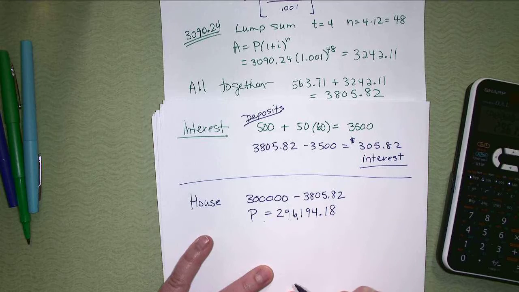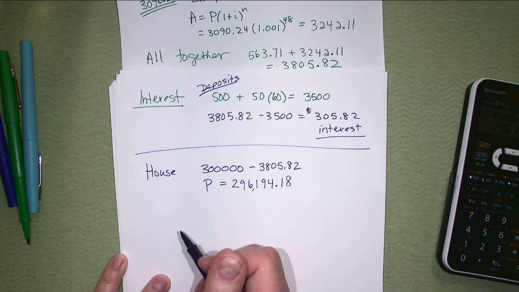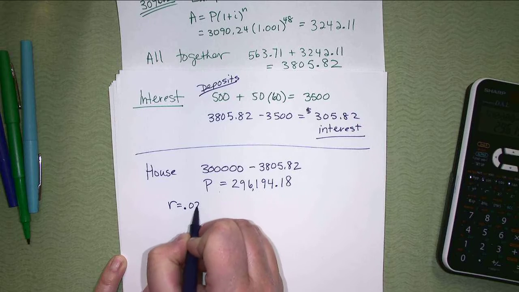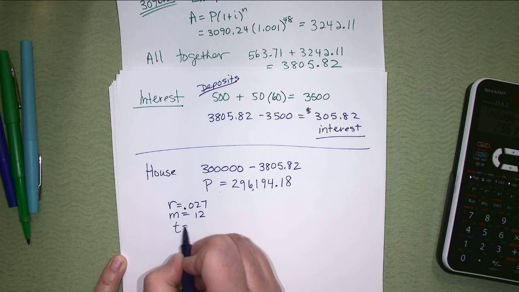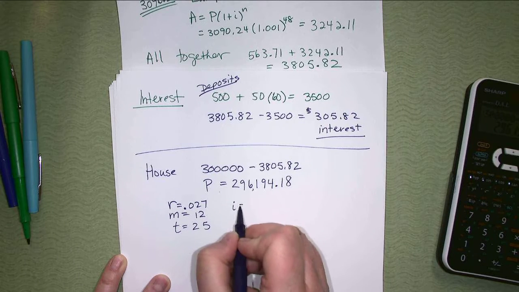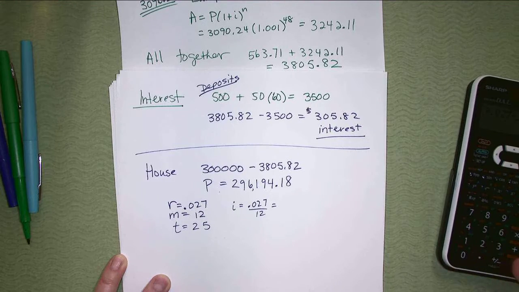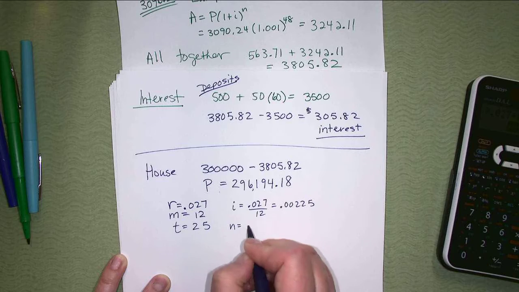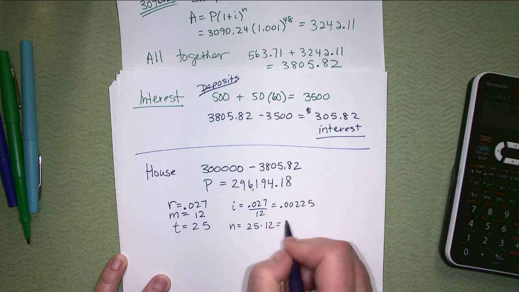Okay, so he needs to take out a loan for that amount, and let's write down the interest rate is 0.027 compounded monthly for 25 years. And we want his monthly payment.